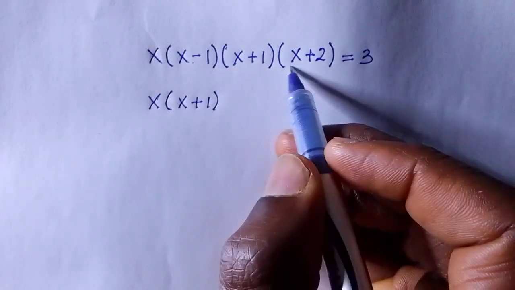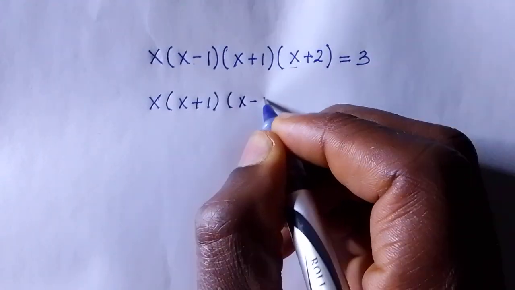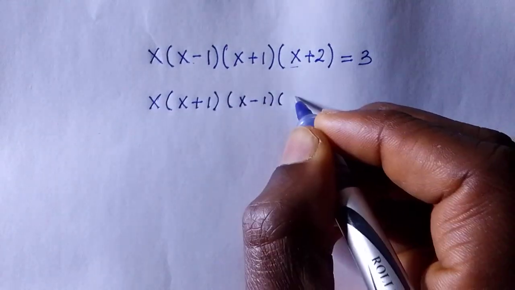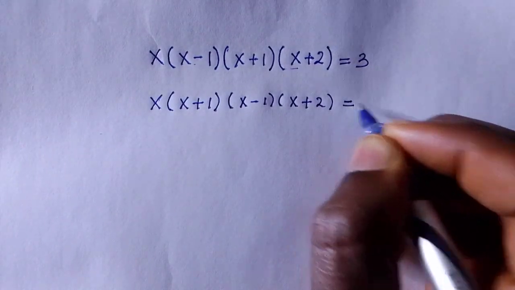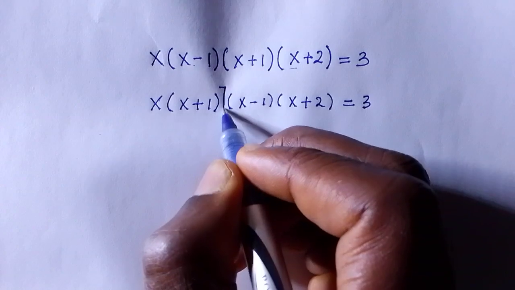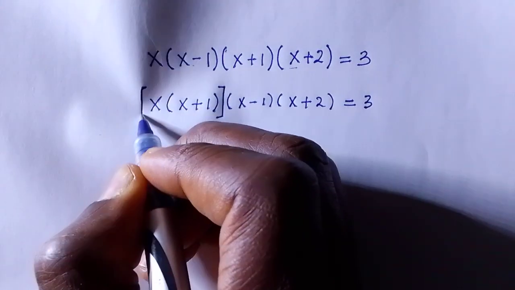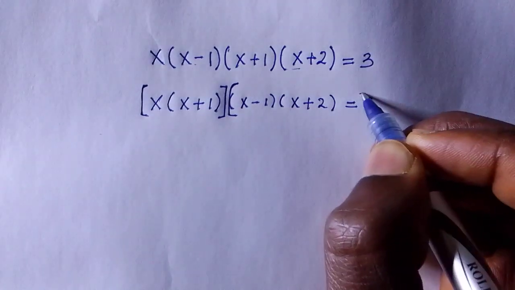Then we also place x - 1 and x + 2 together, (x - 1)(x + 2) = 3. So then we put this in a larger bracket and also this in another bracket.